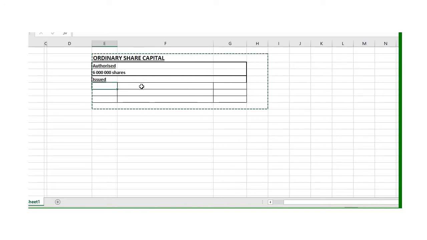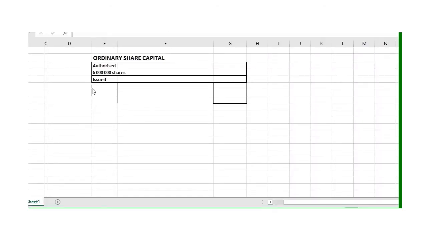Then we move on to the part where we will have the information or the values, and that normally will start off with the opening balance. Then we will have the number of shares in issue at the beginning of the year.